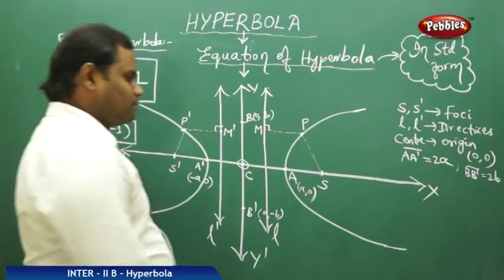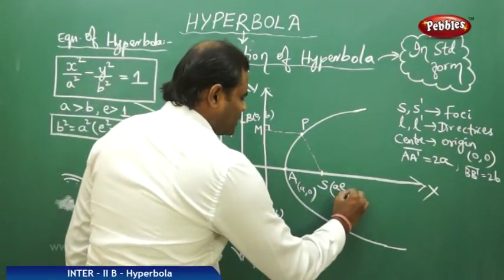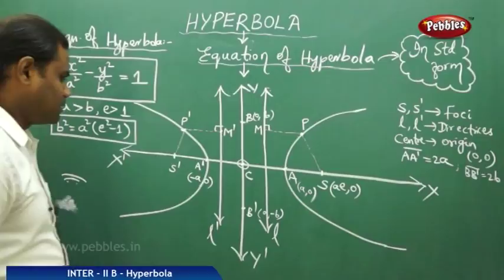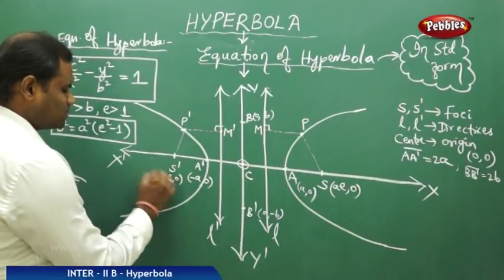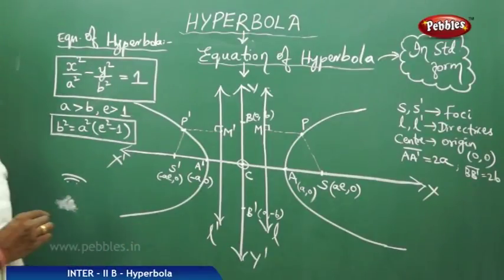And we have the foci, which are given by (ae, 0), and the other focus is given by (minus ae, 0). That is how we identify them.